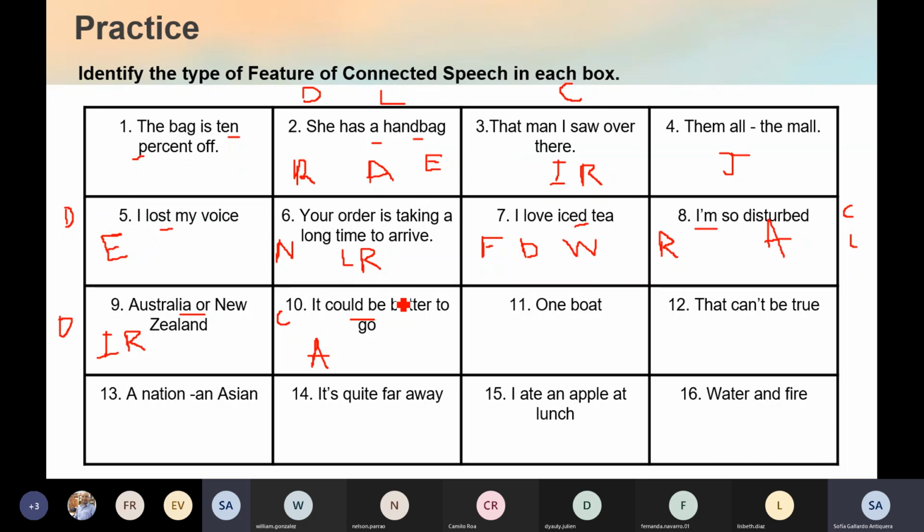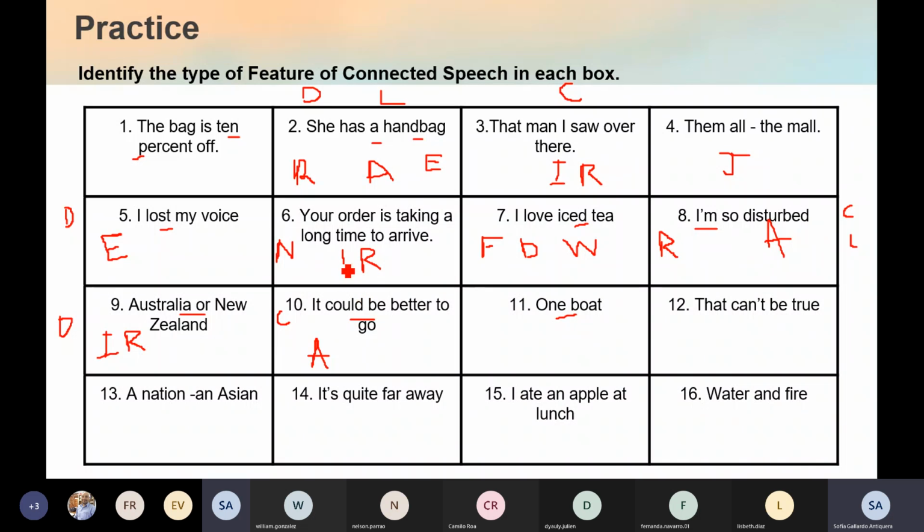So any idea what this could be? No. It's here, the change. Yes, maybe assimilation. So yes, this was assimilation.